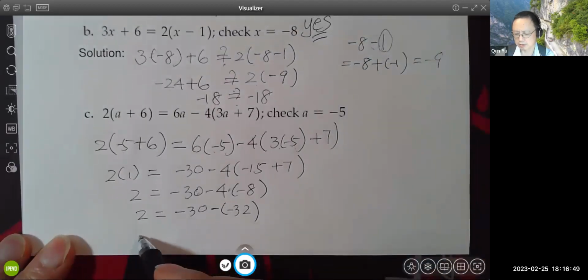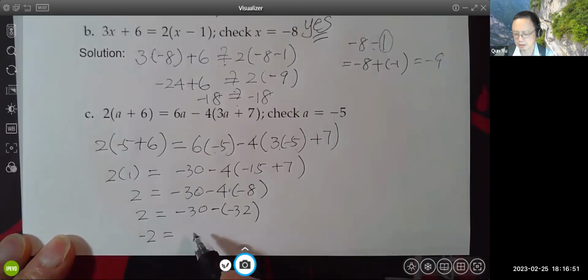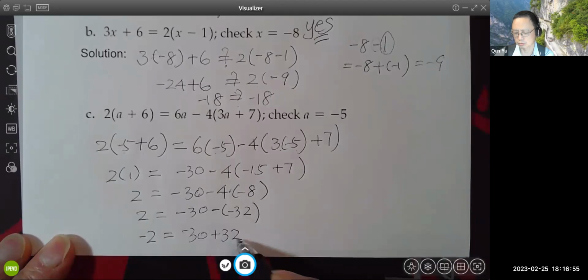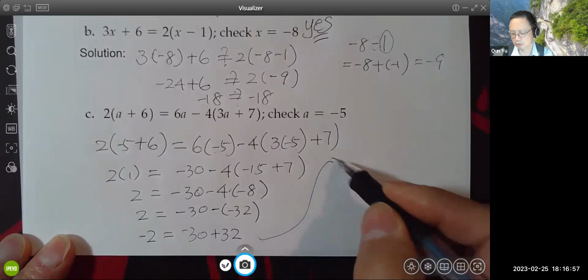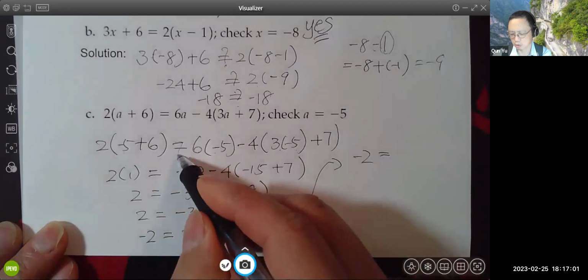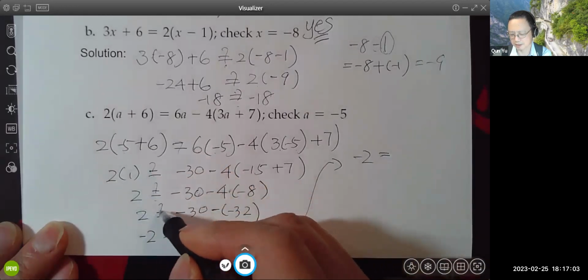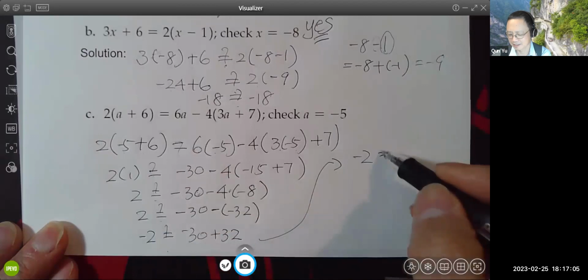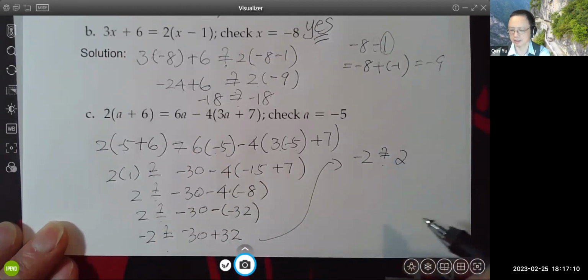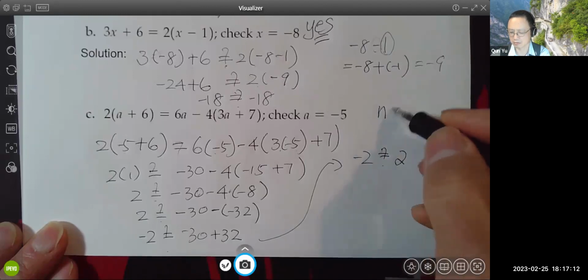Either way, the result is the same. So -30 plus 32. And let's move to this side. 2 equals, and this is all question mark. We want to know if they're equal or not, right? The other side, -30 plus 32, that's +2, not 2. So the answer is no.